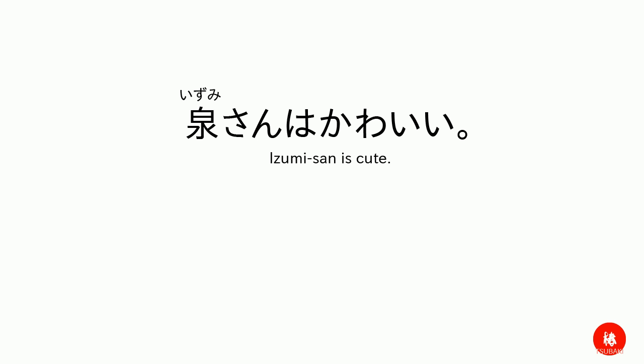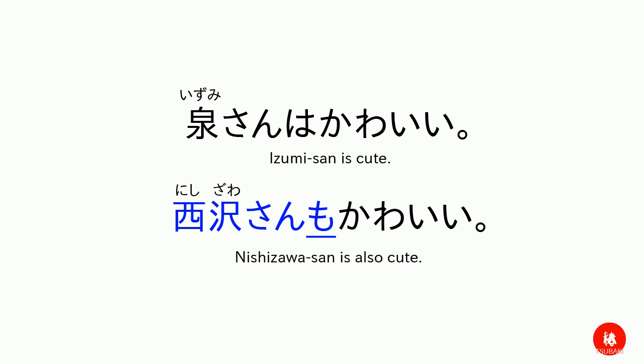Here's an example. Izumi-san wa kawaii. Izumi-san is cute, is what the sentence is saying. Now, this is a normal sentence using the wa topic particle. And in the next sentence, we say, Nishizawa-san mo kawaii.